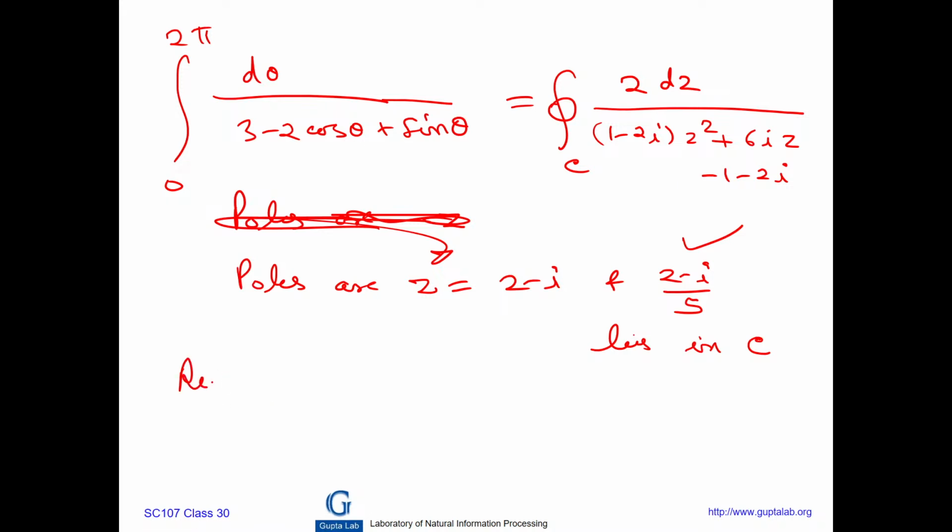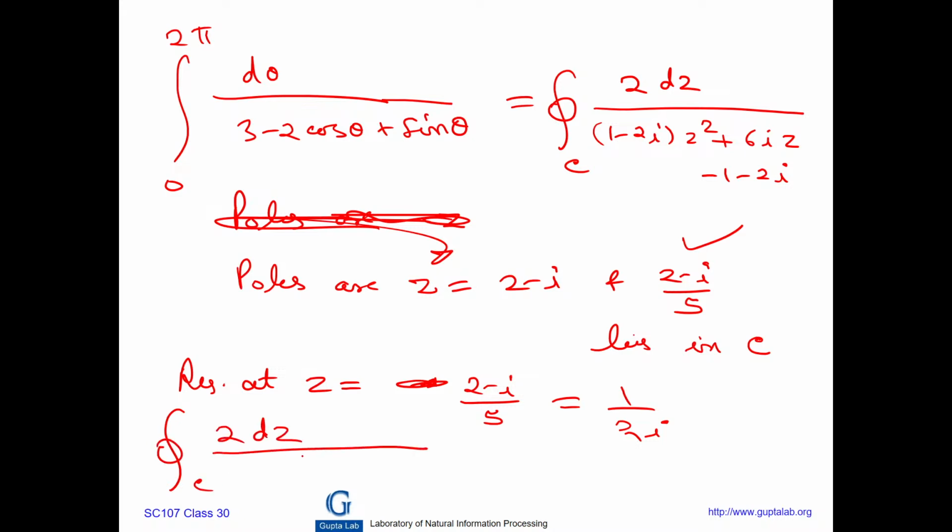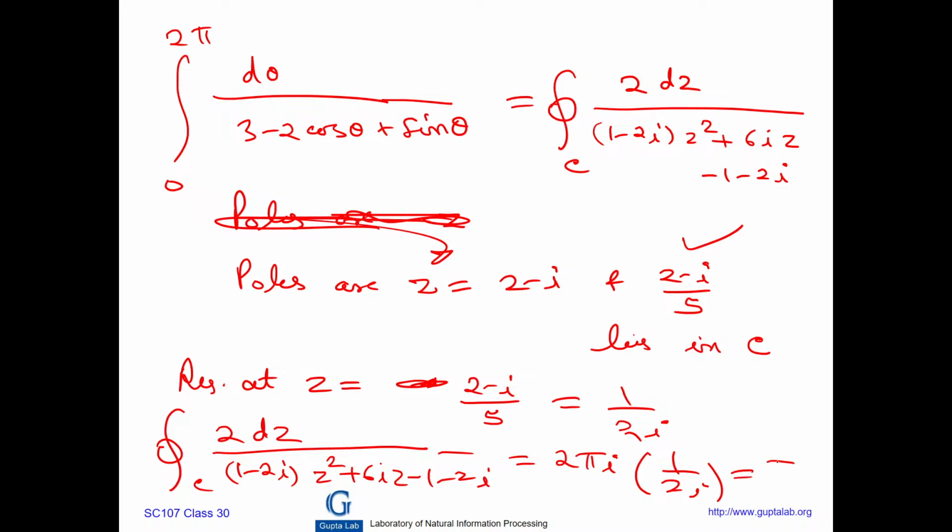So we can compute the residue at z is equal to (2 minus i) by 5, and that value turns out to be 1 over 2i. So the integration along C of 2 times dz divided by (1 minus 2i) z square plus 6iz minus 1 minus 2i will be 2 pi i times the sum of the residues, which is 1 over 2i, is equal to pi.